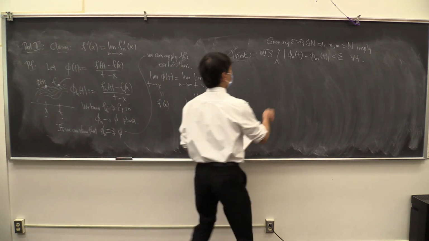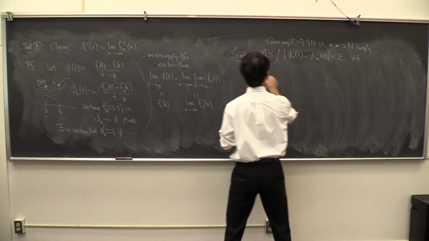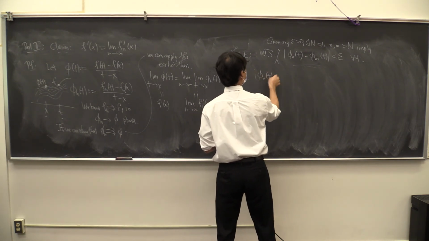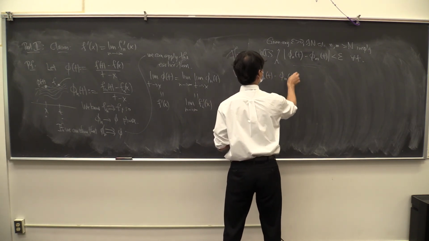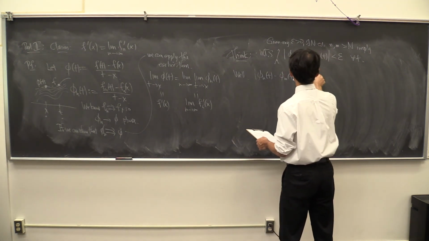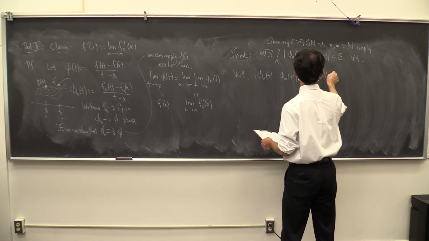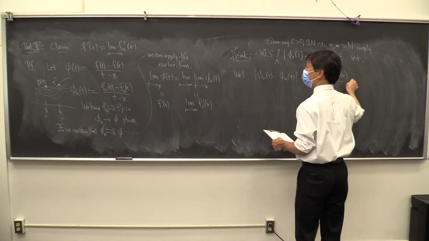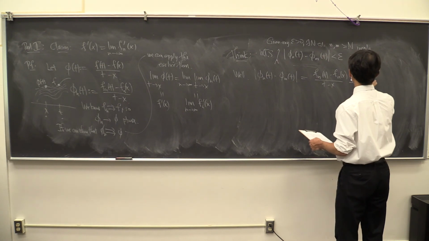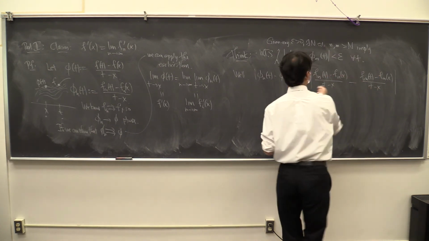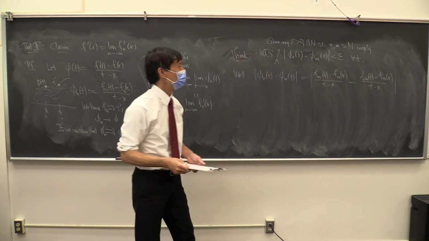Okay. So let's think, this thing that we're hoping to control is, by definition, f_n(t) minus f_n(x) over t minus x, minus f_m(t) minus f_m(x) over t minus x. That's just by definition.